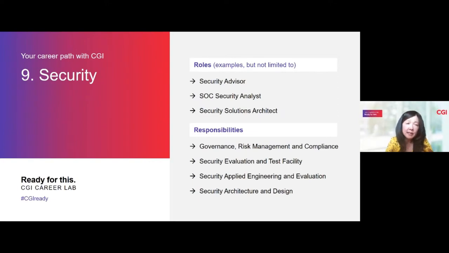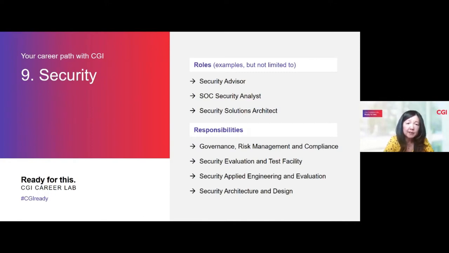Another example under that broad category is security. Some of the roles associated with security are security advisor, SOC security analyst, and security solutions architect. As examples, governance, risk management and compliance, and security evaluations and test facility are all associated with it.